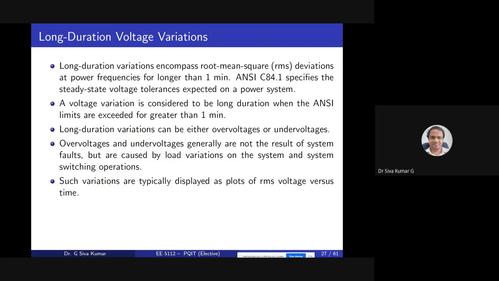The definition says that if there are variations greater than 1 minute, we will call them long durations. And long durations can be either over voltage or under voltage. Over voltage and under voltage are generally not the result of system faults.